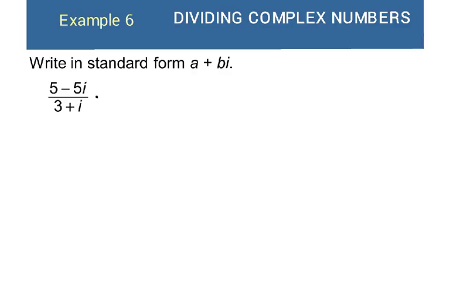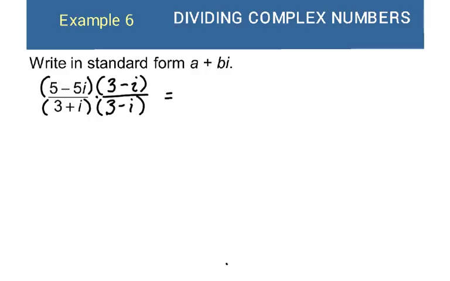Multiply both numerator and denominator by the conjugate of that denominator. And after you write this step out, what we're going to do with the numerator is multiply these out, and then again the denominator we will multiply these out.